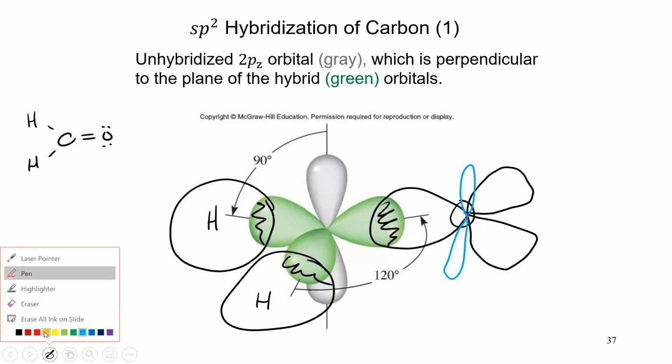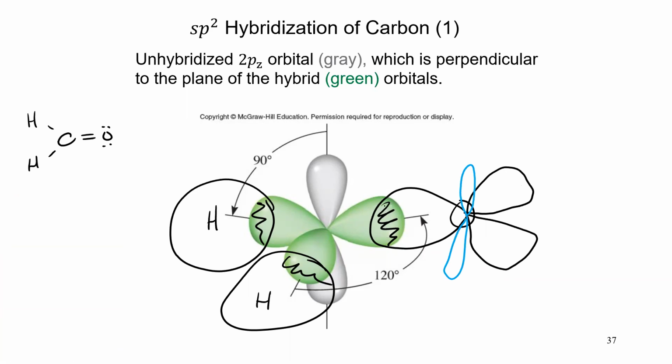sp2 hybrid orbitals. And so we get this overlap for one of the bonds. And then this hybrid orbital has a lone pair. That hybrid orbital has a lone pair. And there's an electron in his unhybridized p orbital. There's an electron in carbon's unhybridized p orbital.